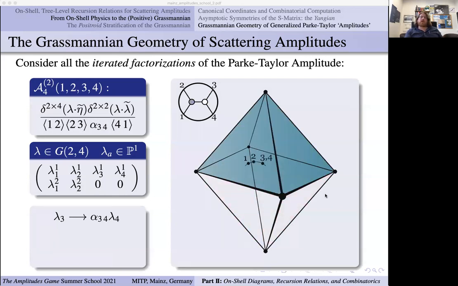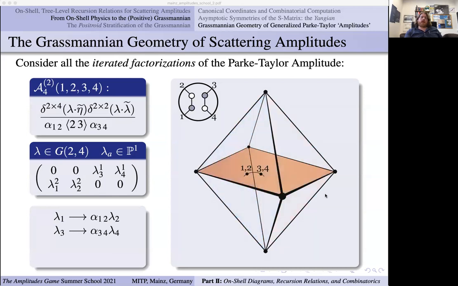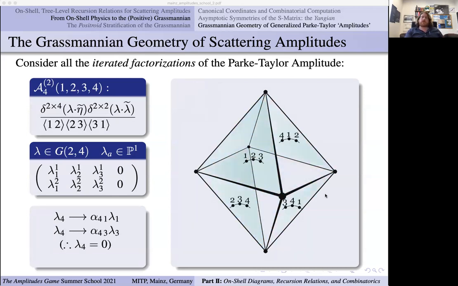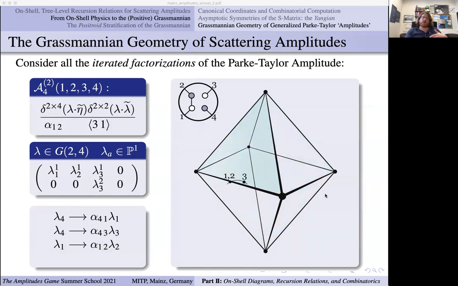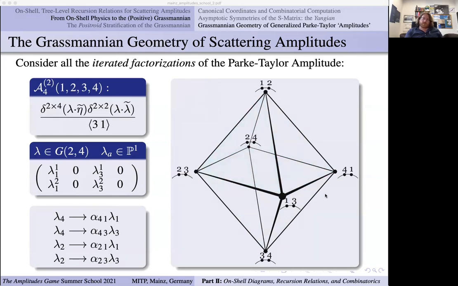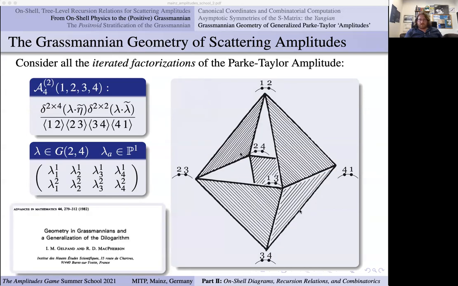So you have 4 codimension 1 configurations, these solid triangles, and they're glued together along lower dimensional configurations. Anyway, I'm going to spare you the details, but if you flesh out all of the possible factorizations all the way down to the 0 dimensional cells, where you just have 2 points and the other things are 0, you get this very interesting shape with a very interesting boundary structure.